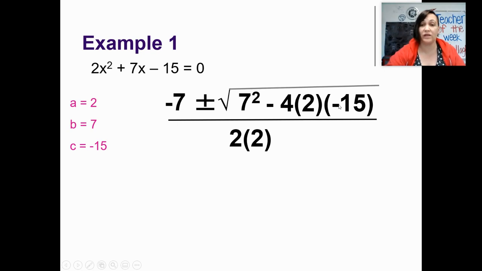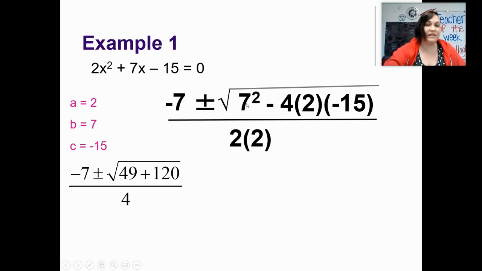Now you do need to write the plus sign there because the 7 squared is being added or subtracted with whatever this number turns into. So you do want to keep the 7 squared separated from whatever this turns into by either adding or subtracting. And in this problem, it starts as subtracting, but it is going to change to adding because of this negative over here. And then the third piece of math I'm going to do is 2 times 2, which is 4.